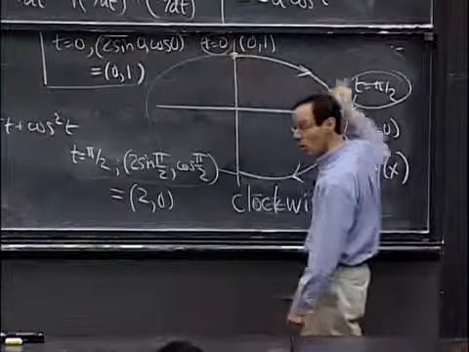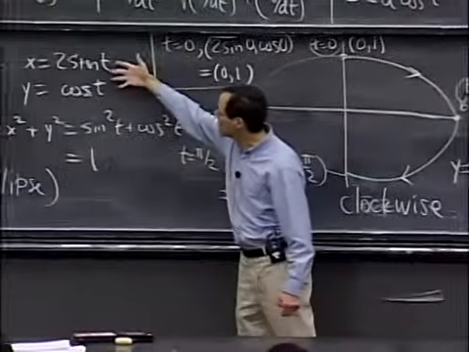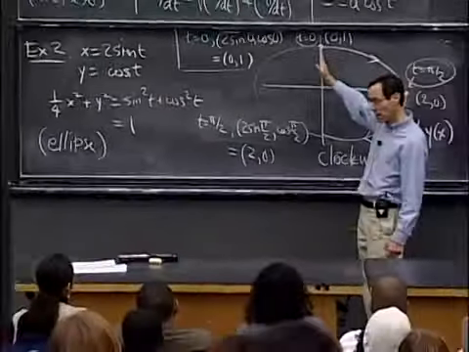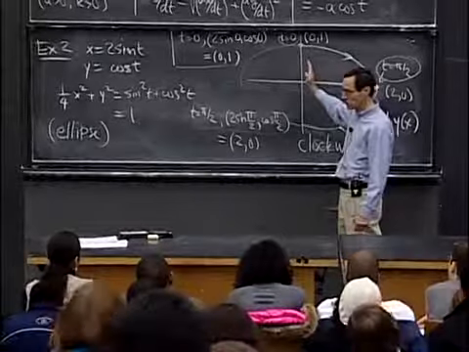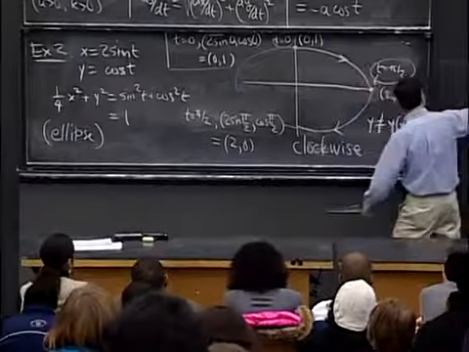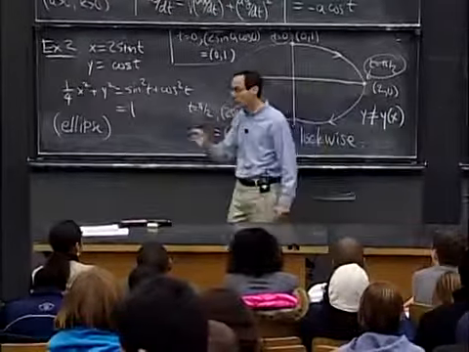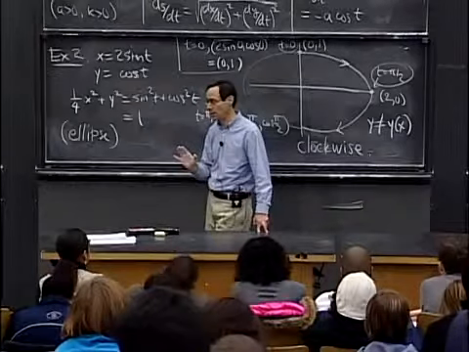And this is 2 pi. When you go all the way around once, it's going to come back to itself. These are periodic functions of period 2 pi, and they come back to themselves exactly at 2 pi. So that's why we know in order to get around once, we need to go from 0 to 2 pi. And that's the same thing that is going to come up with surface area right now. That's going to be the issue, what range of t we're going to need when we compute the surface area.